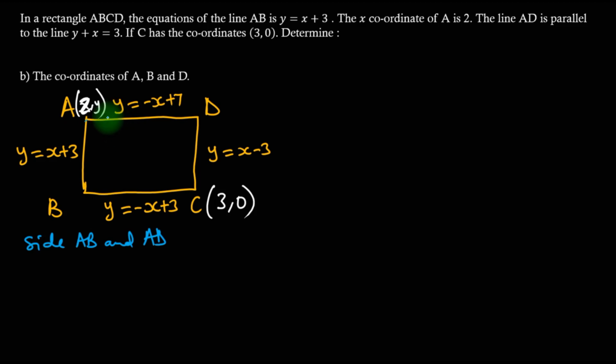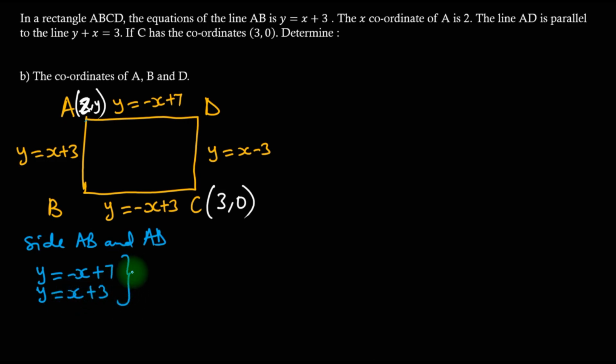From the two equations, for AD, we have y equals minus x plus 7, and the other one is y equals x plus 3.